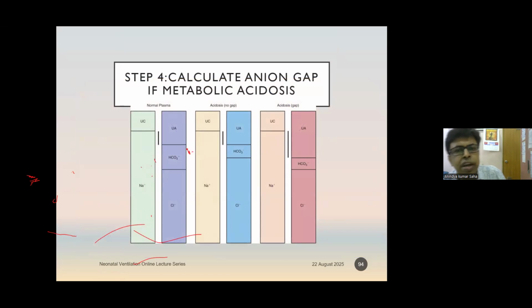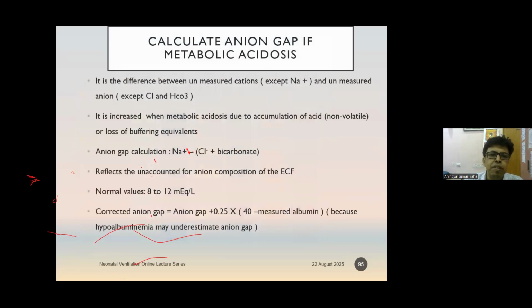Next is to calculate the anion gap if there is metabolic acidosis. The anion gap is the difference between unmeasured cations and unmeasured anions. It is increased when the metabolic acidosis is due to accumulation of some non-volatile acid.